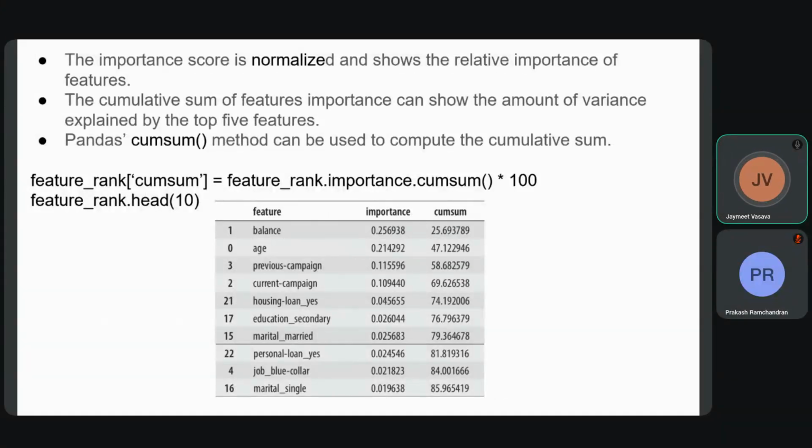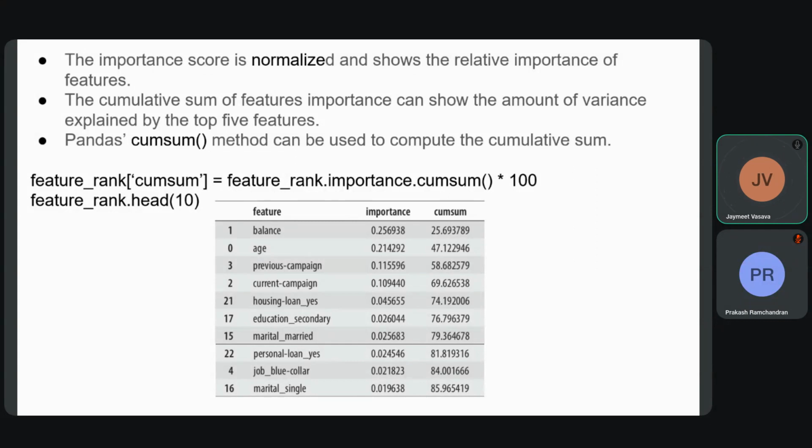So the importance score is normalized and shows the relative importance of the feature. The cumulative sum of feature importance can show the amount of variance explained by the top 5 features. So we will use the pandas cumsum method that can be used to compute the cumulative sum of it. So feature rank is used for a cumulative sum of it.